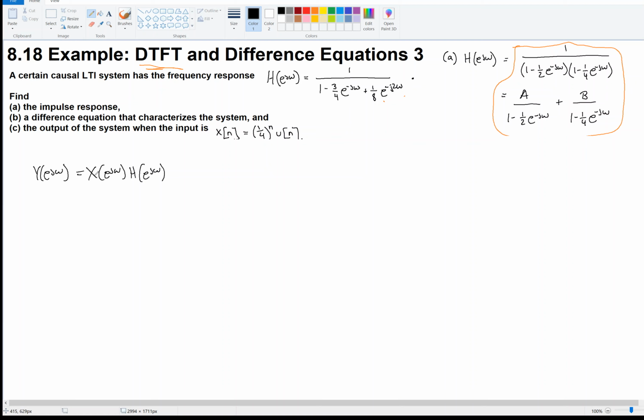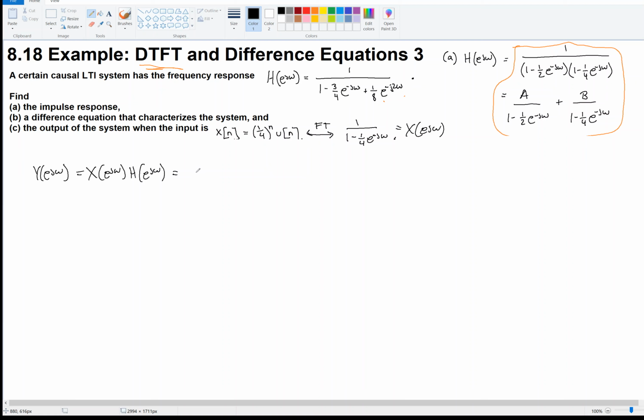Can we get capital X? Well, from that table of common Fourier transform pairs, we fit this and we see alpha is 1/4, so this thing has Fourier transform 1 minus 1/4 e to the minus j omega, right? So we've got capital X. Okay, perfect.